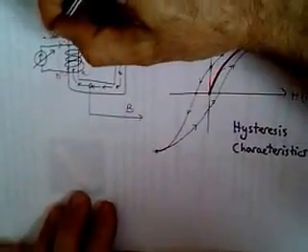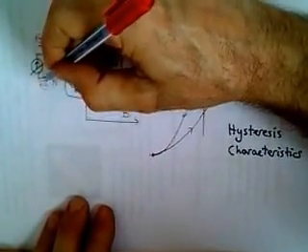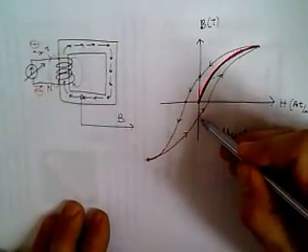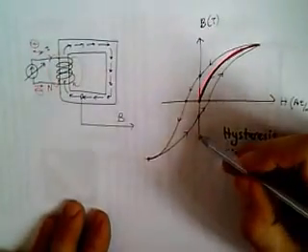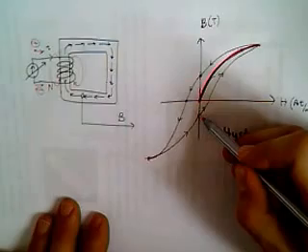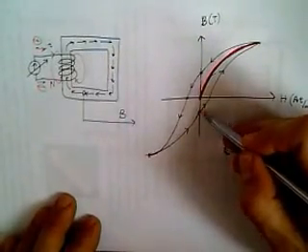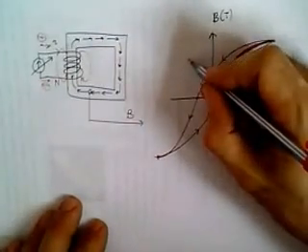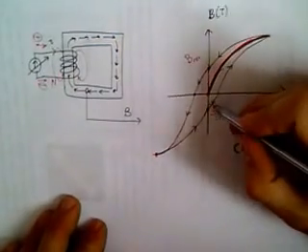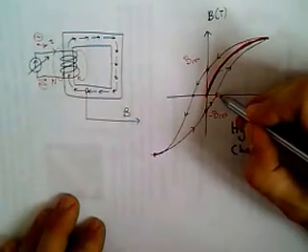By the way, this is the positive direction of the current, and this is the negative current direction, so it's completely reverse. Then we come to a point where the current is zero again, but the magnetic flux density is again non-zero, almost the same value as the previous so-called residual magnetic field. And again, we can zero that magnetic flux density by introducing positive current.